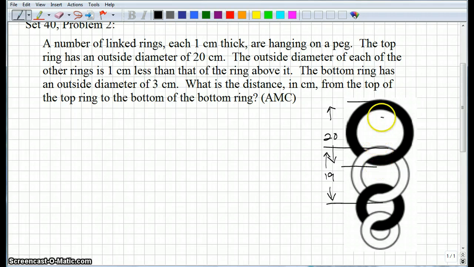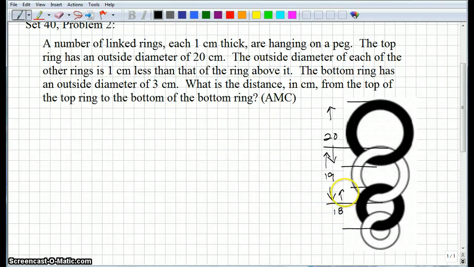So in order to get the length of the first 2 rings, 19 and 20, the one ring would be 20 centimeters. For 2 rings, we have to subtract 2 centimeters and then measure down 19 centimeters. And if we go to the next ring, that's 18 centimeters.